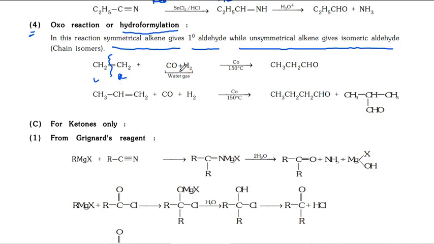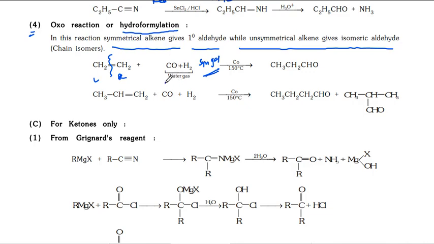So here we are taking CO and H2. This is also known as syn gas. Why we are calling it syn gas? Syn gas is the short name of synthetic gas. That means we can synthesize some compounds from this gas. This is a mixture of hydrogen and carbon monoxide.